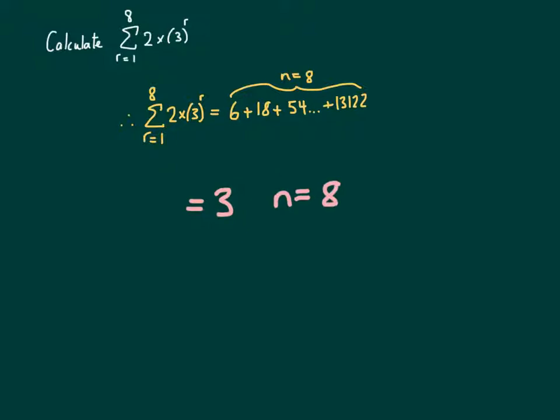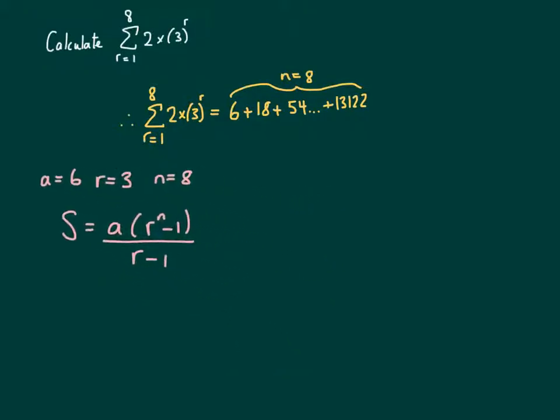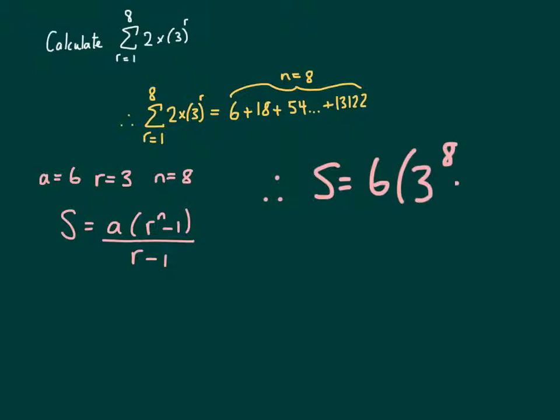So we stick that into our sum formula. Again, I'm going to use the one where I have r to the power n subtract 1 and r subtract 1 on the bottom, just because my r term is bigger than 1, to make it easier. If you use the other formula alongside this video, you should get the same answer.